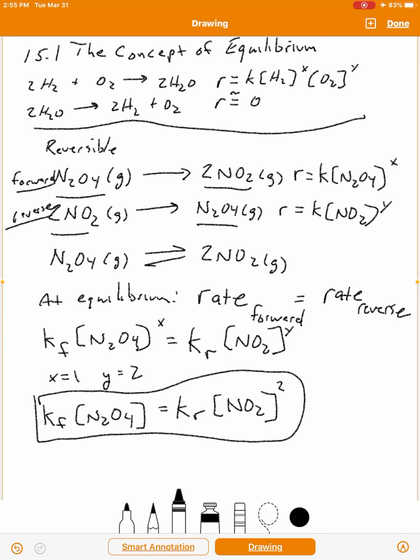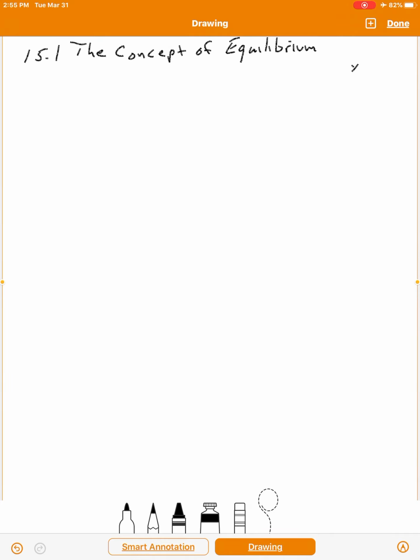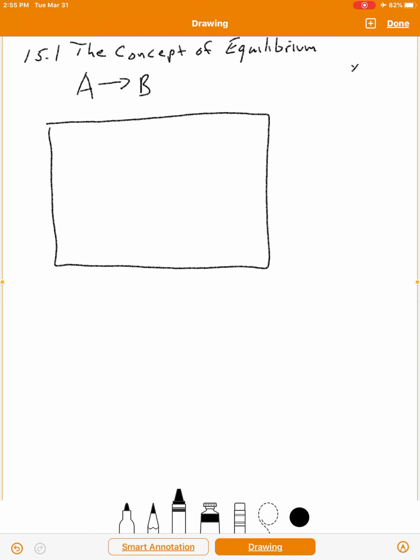Now let me show you a depiction of this, just so that we can picture what's happening. Imagine A is going to get converted into B. I'm just going to use A and B to make things simple. And so now I have this container. Initially I put in a bunch of A's.